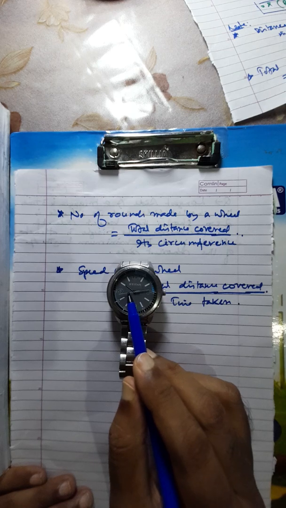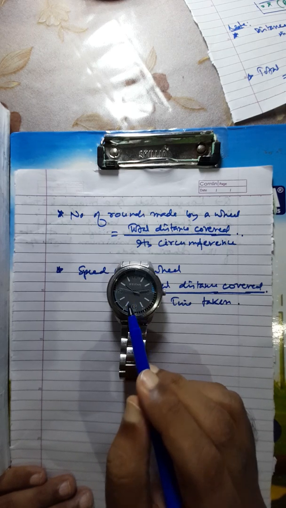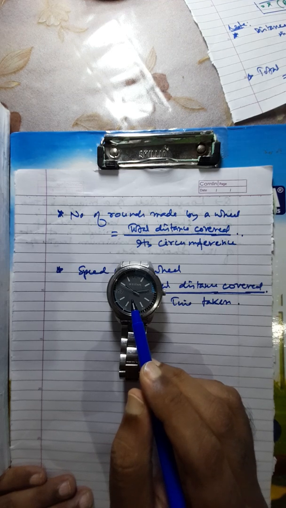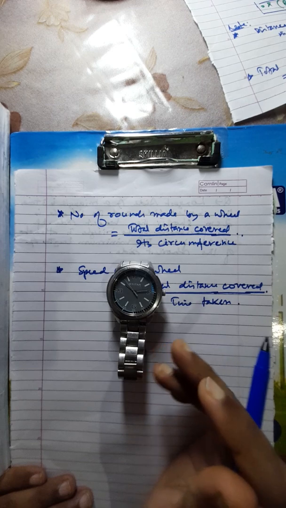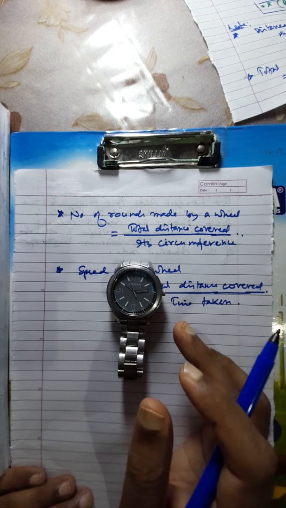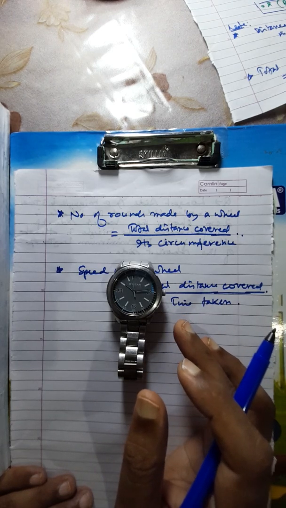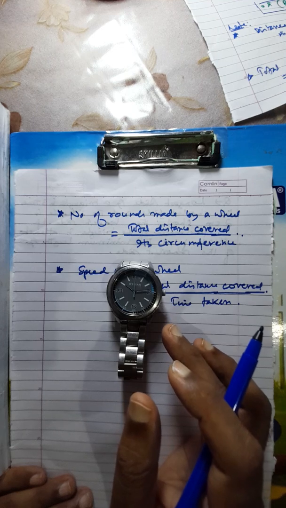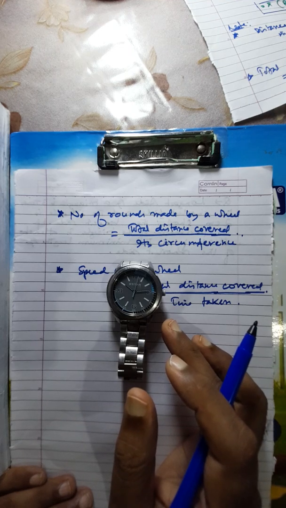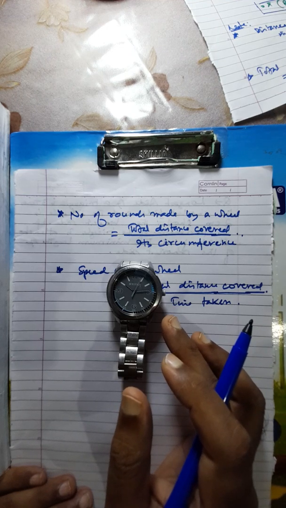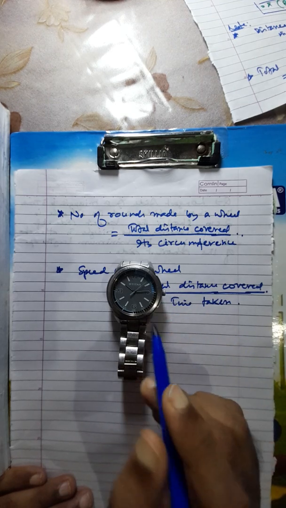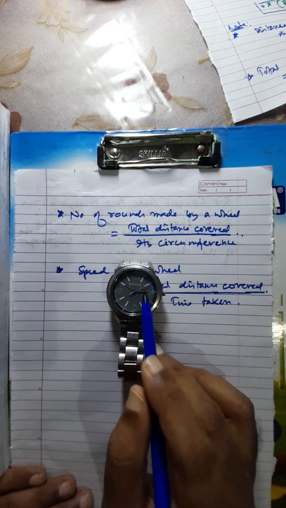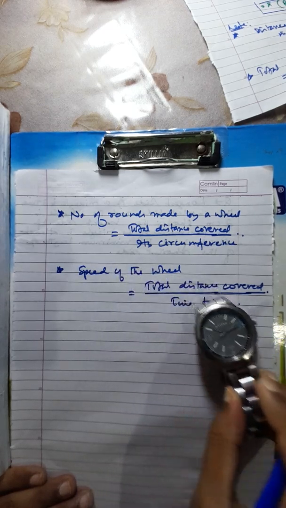And distance travelled by the hour hand in 12 hours, not 24 hours, in 12 hours, again twice pi r. If it is 24 hours, then the distance travelled by the hour hand is 2 into twice pi r, because it will move 2 times.